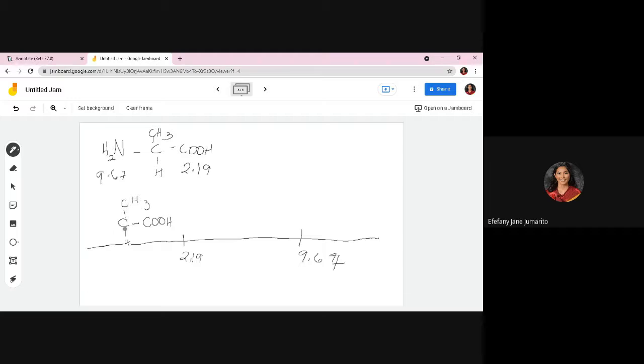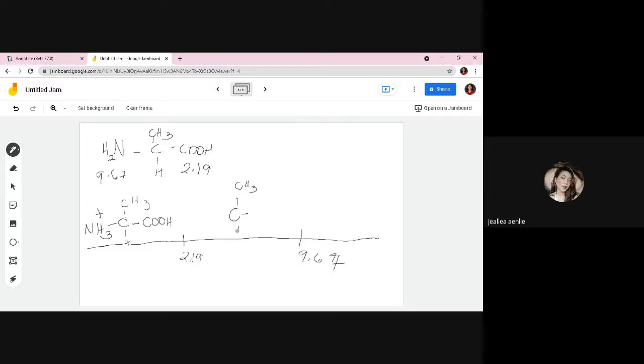So the amino group will be protonated. Then in between 2.19 and 9.67, what will happen to your alanine?